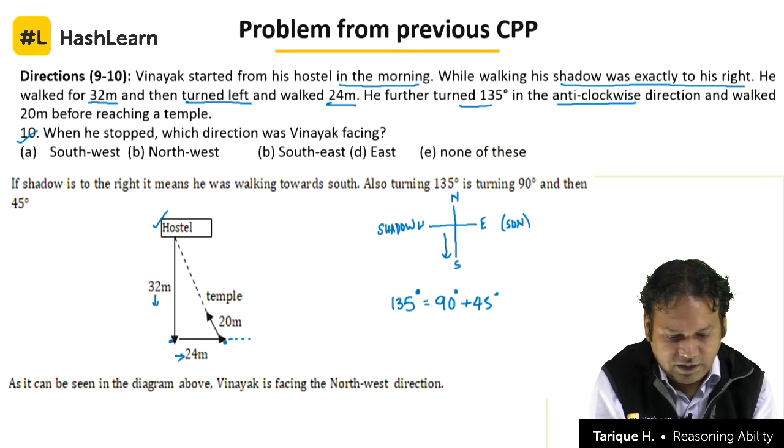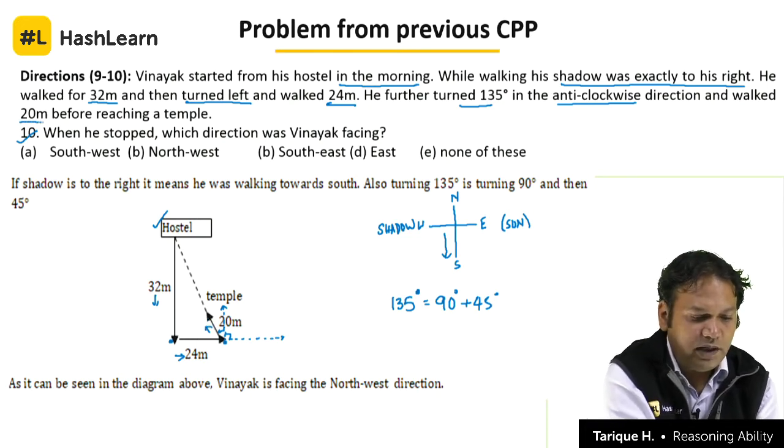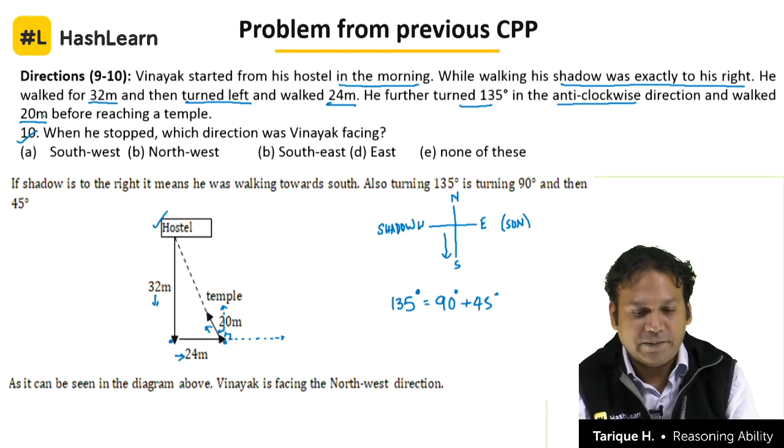This is the direction in which he was standing. If he turns 90 degrees anti-clockwise, he will go in this direction. This is 90 degrees, plus he is turning 45 degrees extra, so he is going in this direction now. And he walks 20 meters, as you can see clearly in the diagram.